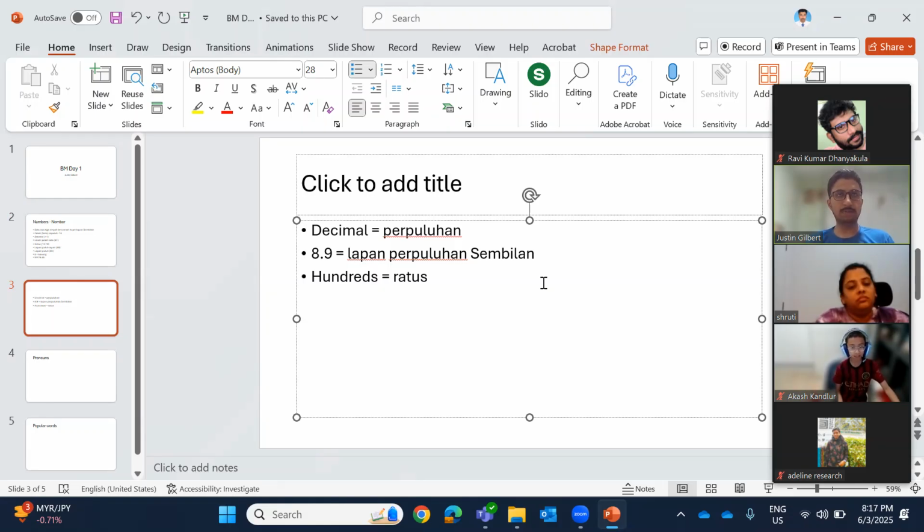Okay, so just again the numbers, ratus, and the next number, the same way we did puluh. If I wanted to say 67, so I have 6 and 7, I use the word puluh in between. And now if I want to say 100, just forget the decimals for now, as long as I have a whole number that's 3 digits, I just put that first number, ratus, and the remaining numbers.